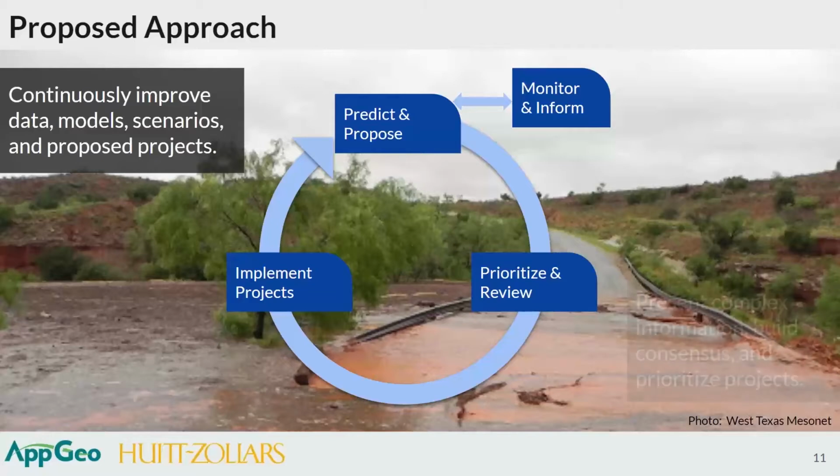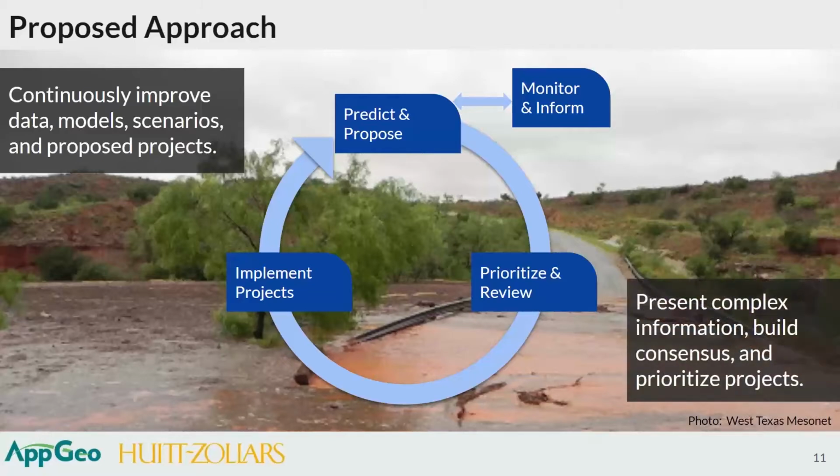Then we move around to prioritize and review, where we're going to want to use the best available science and technologies to visualize and present complex information, gain consensus on the most beneficial projects within the region, and then deliver the best possible regional plan. But then in the future, we're also going to need to implement these projects.